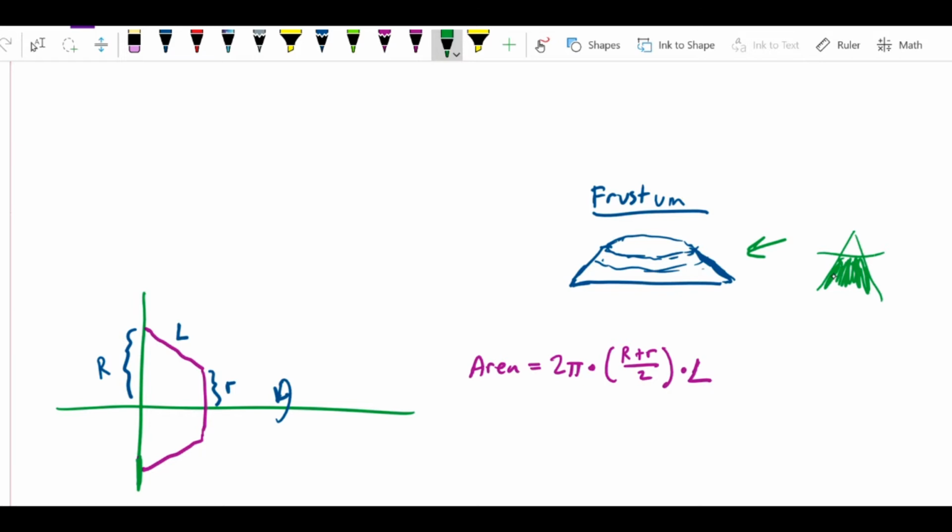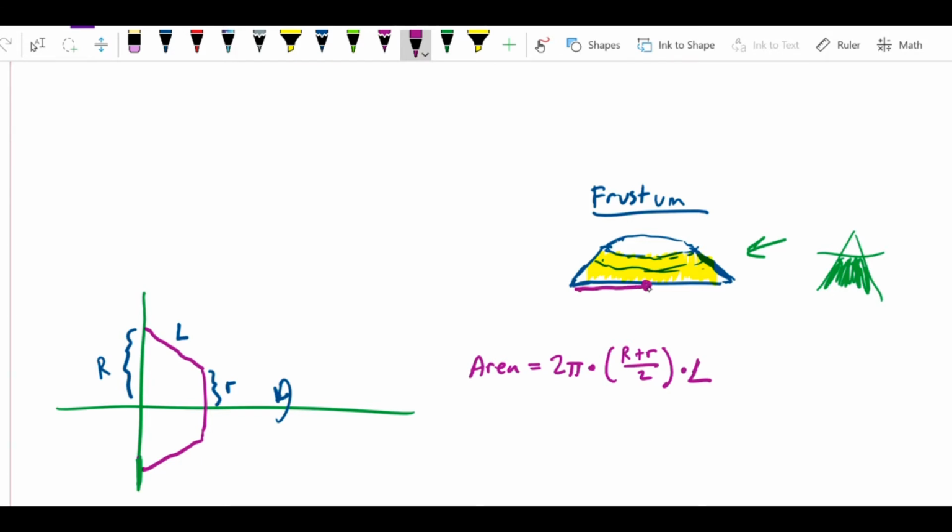So anyway, the thing to understand is that the surface area of a frustum, by which I mean, by the way, only the side area, I'm not talking about the top or bottom, is given by this formula. It's 2 pi times the big radius, which is here.